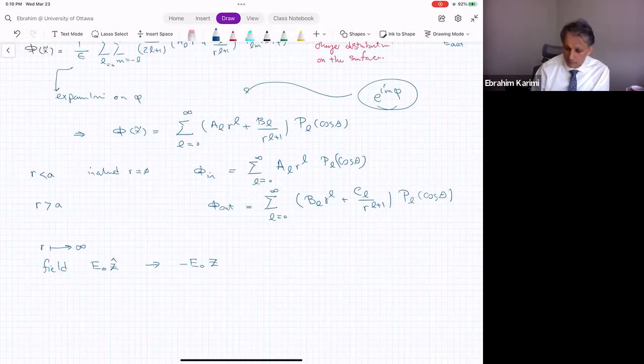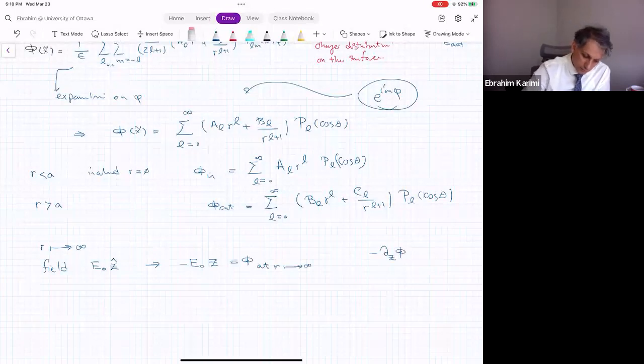All right, because that's the potential at r going to infinity. Because if you take minus the derivative with respect to z of phi, then you will recover the electric field. So essentially, the electric field is given by minus gradient of phi.